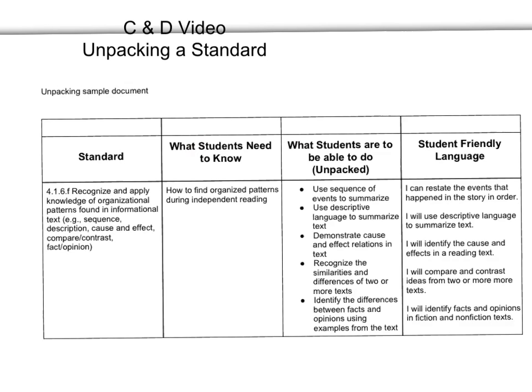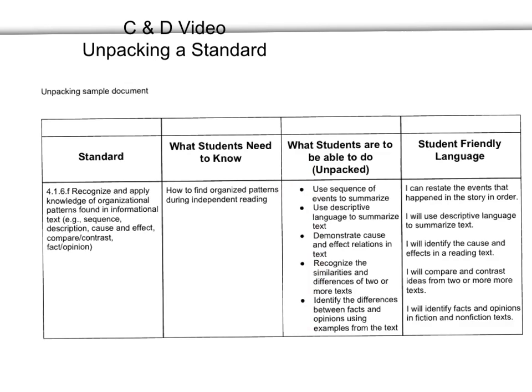So this is unpacked, and you can see we have a very specific set of parts or learning objectives that we need the students to master in order to say that they've fully mastered the standard. Look at that first bullet: use sequence of events to summarize, use descriptive language to summarize text, demonstrate cause and effect relations in text, recognize the similarities and differences of two or more texts, and so on. When we look at it in these bullets, it becomes much, much simpler for us to prepare for instruction.